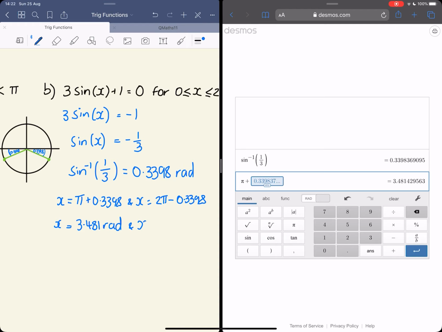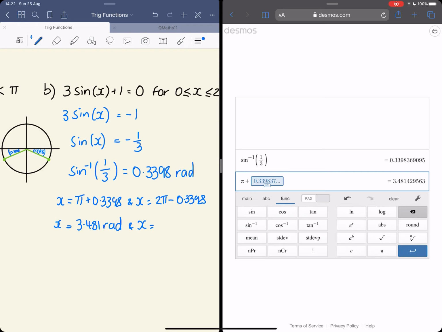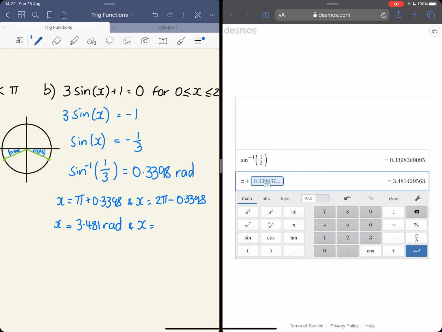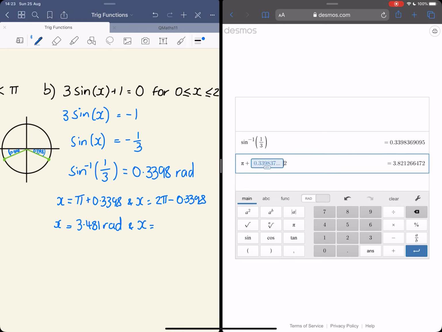And x will equal, so let's go ahead and do 2 pi take away our original answer, which will give us our angle in the fourth quadrant.